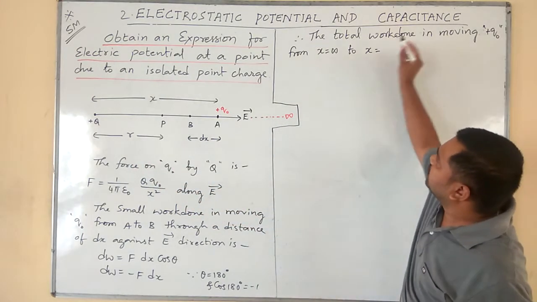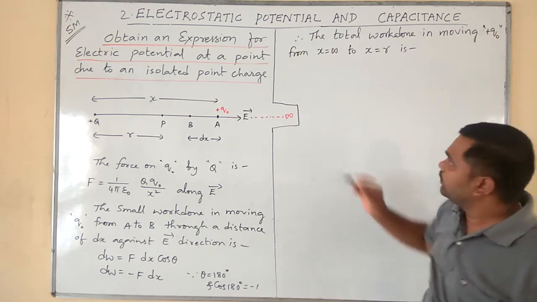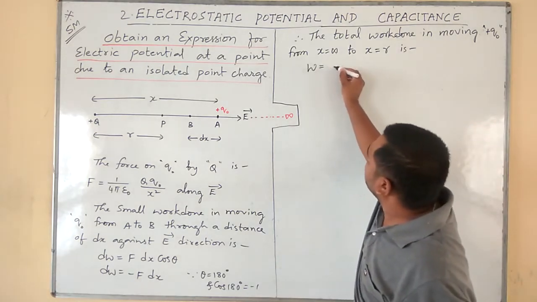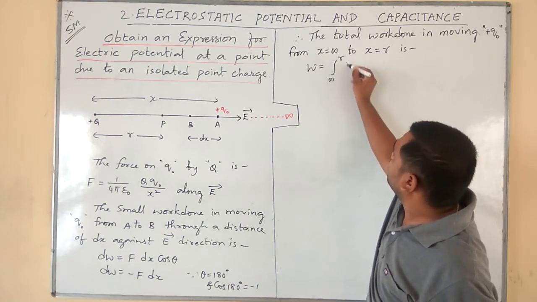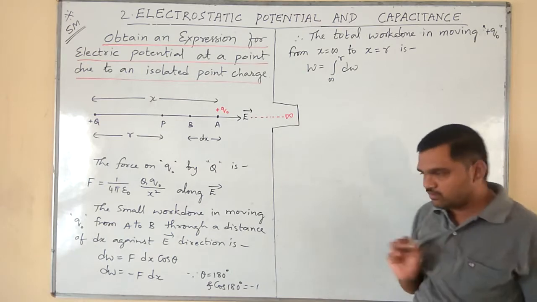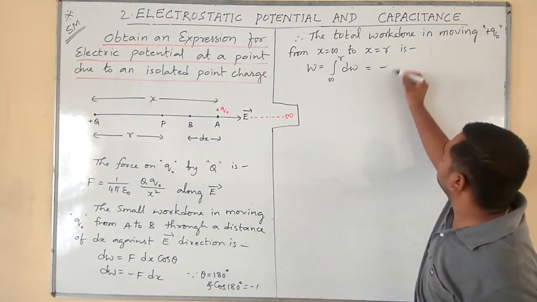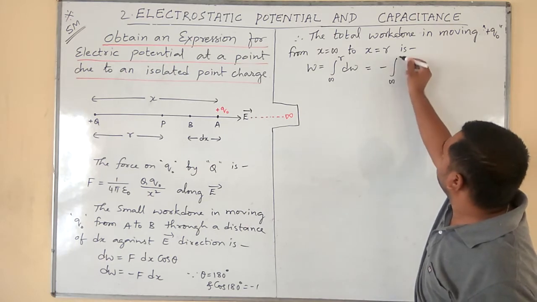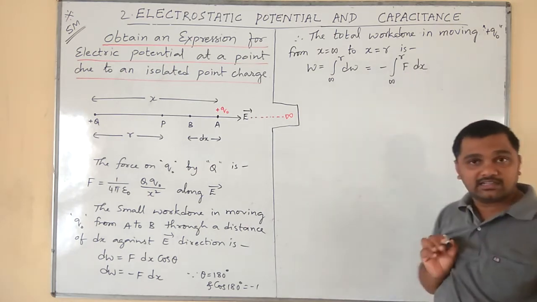Therefore, from x is equal to infinity to x is equal to r, W is equal to integral infinity to r dW. What is the value of dW? That is minus, I will take that minus outside, integral infinity to r F dx.